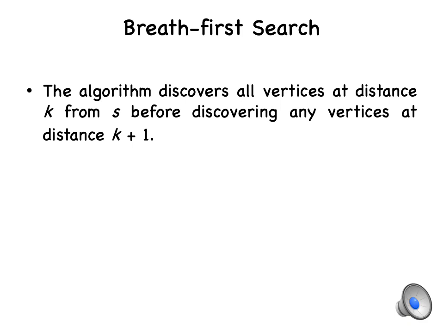Now, the algorithm discovers all vertices at distance k from S before discovering any vertices at distance k plus 1. It's very clear from the sentence that if you want to find a vertex in level k plus 1, it has to mandatorily cover all the vertices in level k.